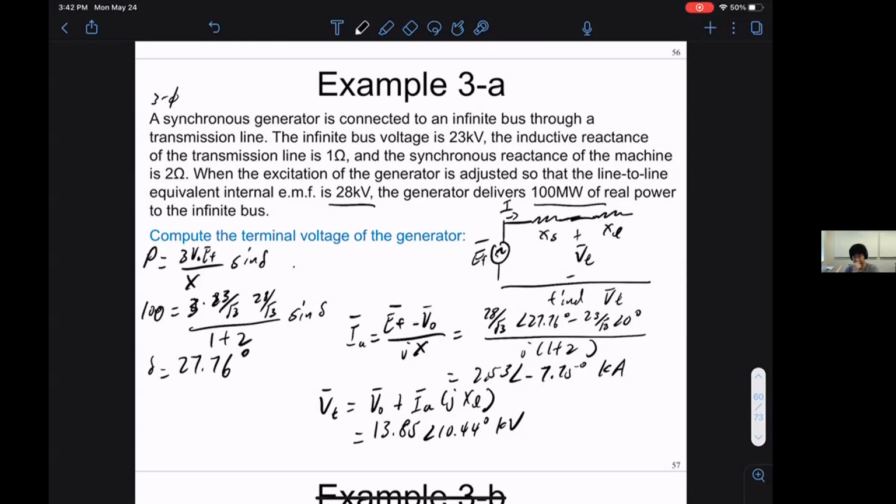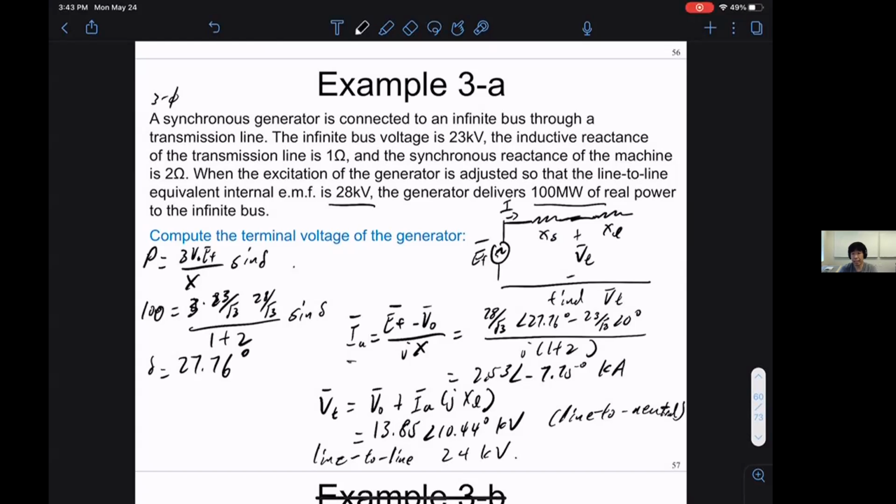Line to neutral. Right, this is line to neutral because we used a per phase circuit. We can get the line to line by multiplying this by √3. So line to line gives 24 kV.